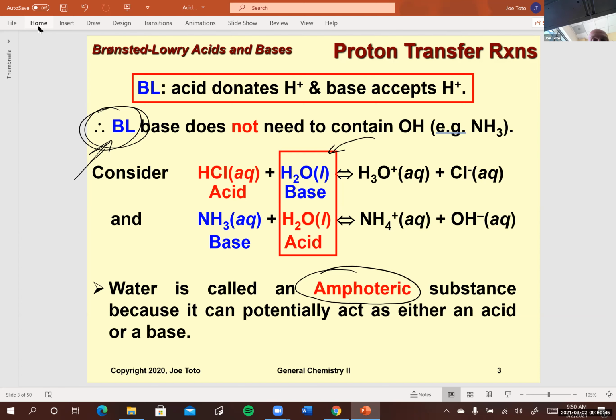So in the first example here, we see that water accepts a proton, and so under the Bronsted-Lowry definition, water is a base here. But in the second example, we see that the water gives up a proton, so it's defined as an acid here in that second equation. Any questions on that?